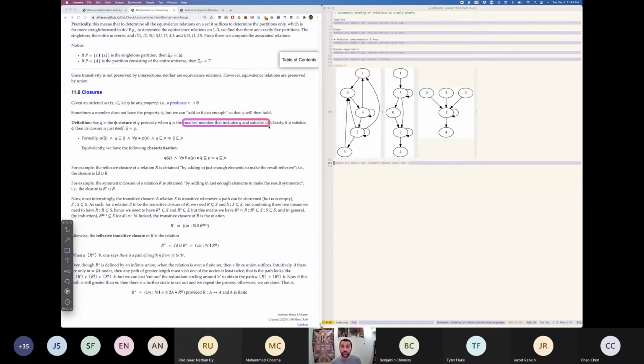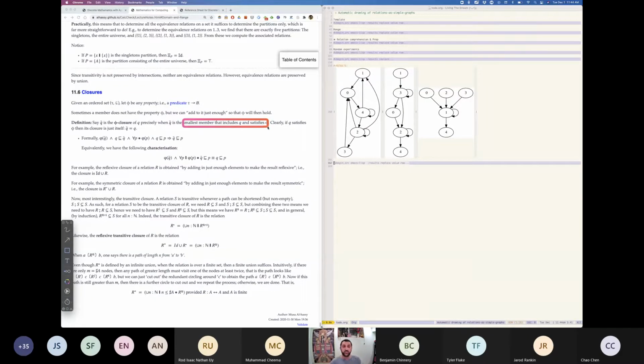Well, that number is 4. 4 is the smallest integer greater than 3.14. Sorry, it's the smallest number with this property. So this is called the ceiling function. The ceiling function says, let's find the smallest number that includes our number and is an integer.